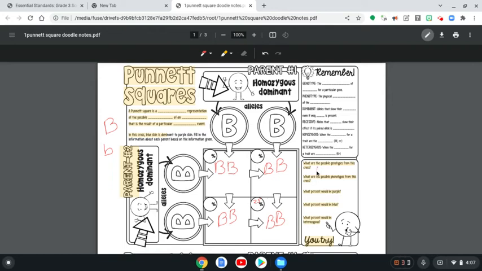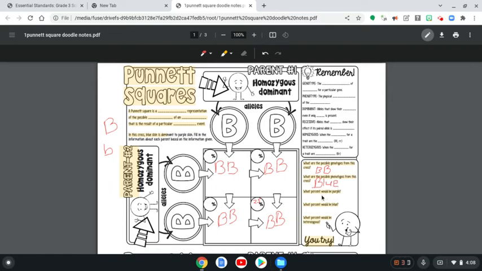So it would be dominant B, dominant B. What are the possible phenotypes? Phenotype is what it looks like. So it's only going to be blue, because with every box we have a dominant B, and if we have a dominant B, we know that that's going to be blue.